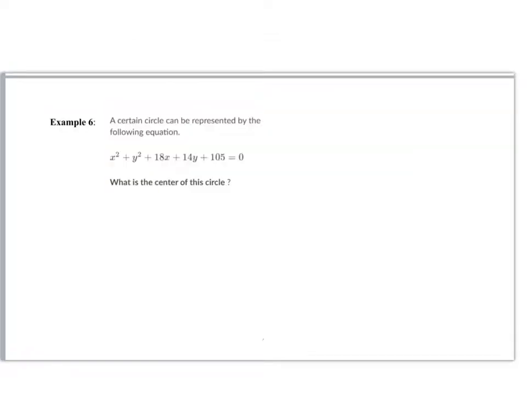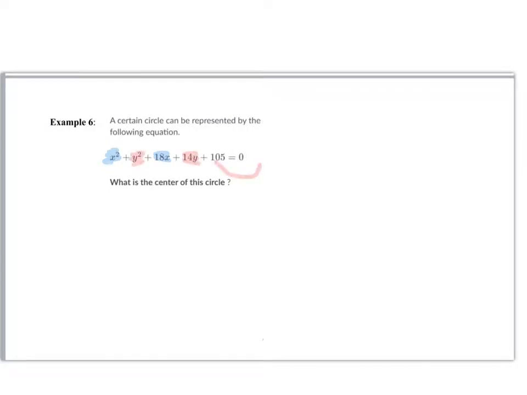Here's an equation, and what we're going to do is put it into the standard circle notation. So we need to isolate our x's and our y's. Here's my x and here's my x. Here's my y and here's my y.